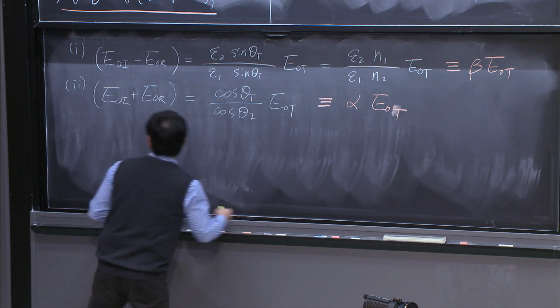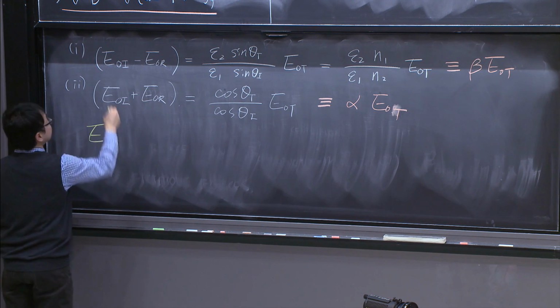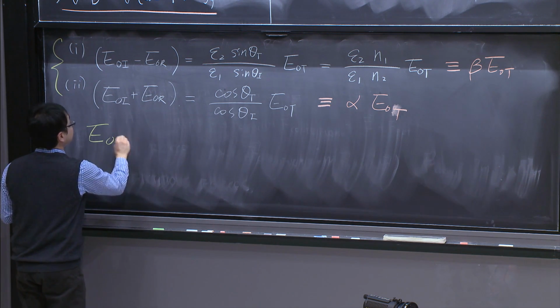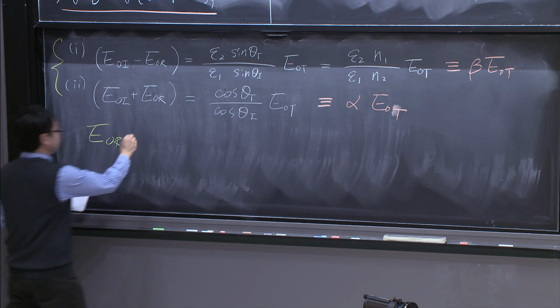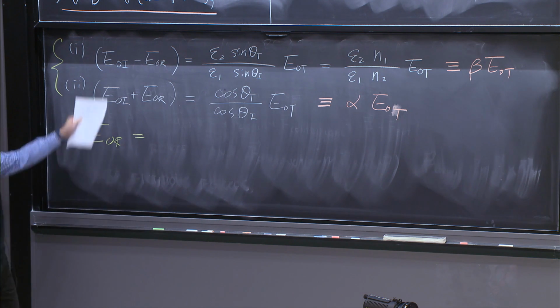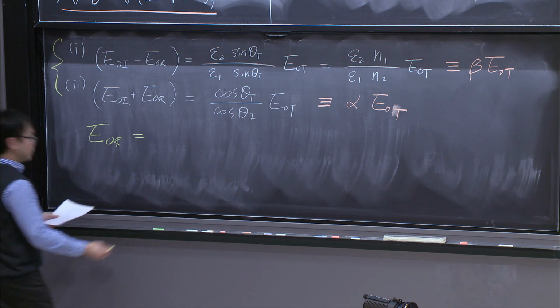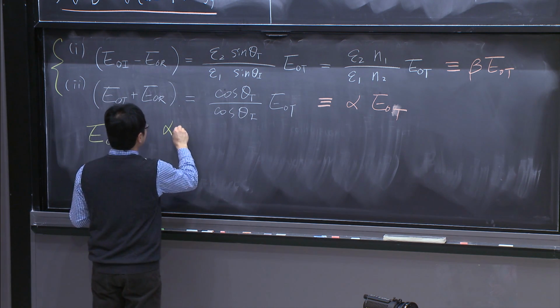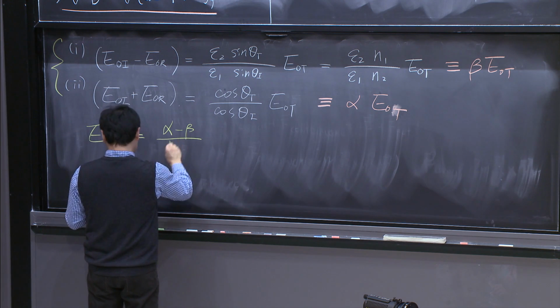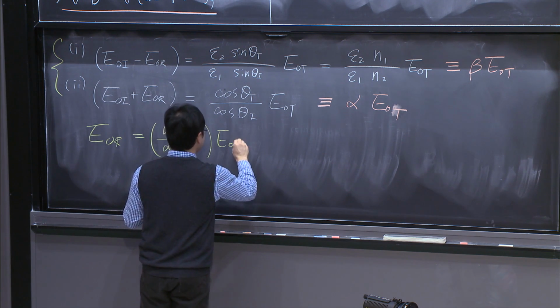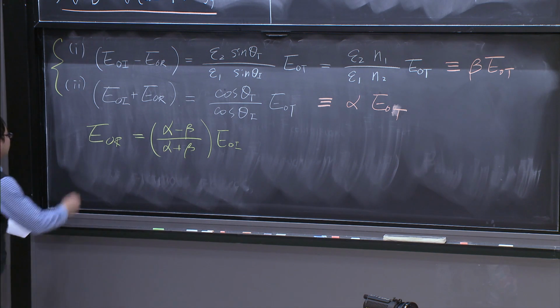Therefore, based on these two expressions, I can immediately solve for E0r and write down the solution. E0r is going to be alpha minus beta divided by alpha plus beta times E0i.